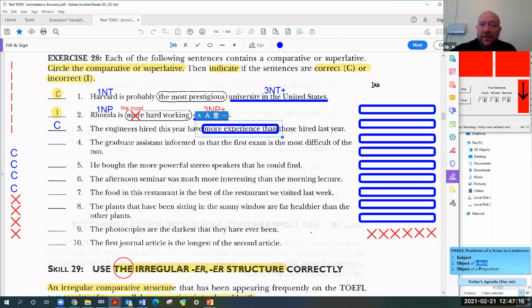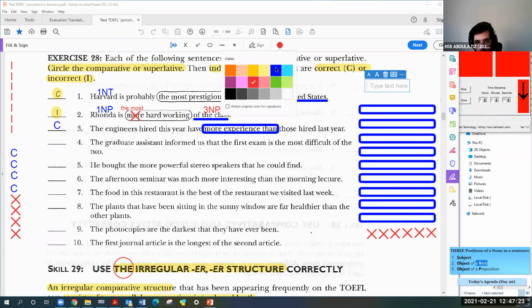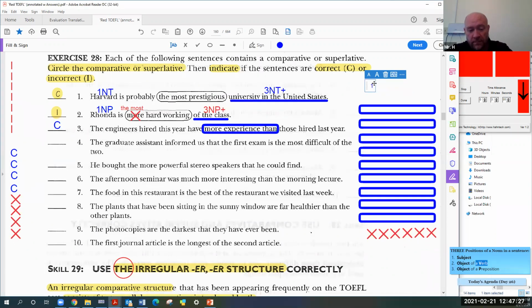Okay, where's the first thing? The engineers hired. I'm gonna put engineers. Is that a person or thing? Person, I think. Okay, engineers hired this year.